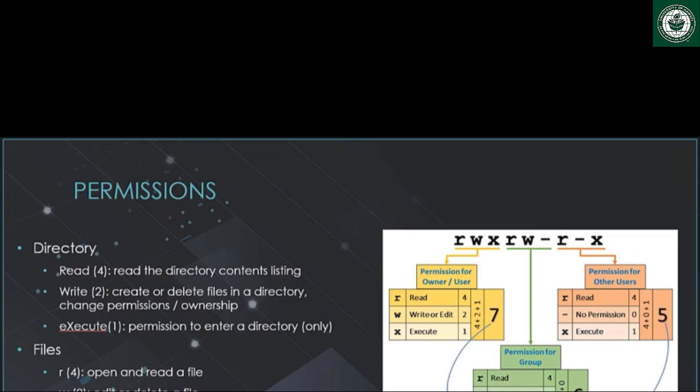So in both cases, even though files actually execute and you access directories, you won't be able to execute that action. R means the same for both files and directories. A user can open and read the contents. And W for directories means a user can create or delete files in a directory, while for a file, write means that the user can edit or delete that particular file.